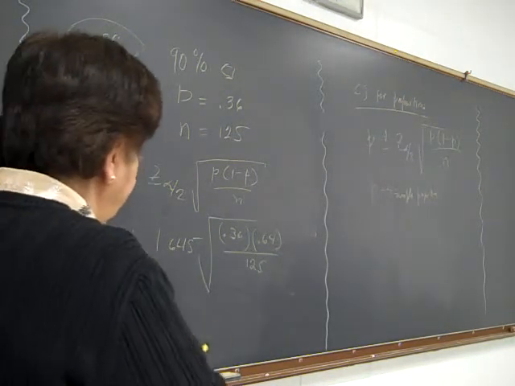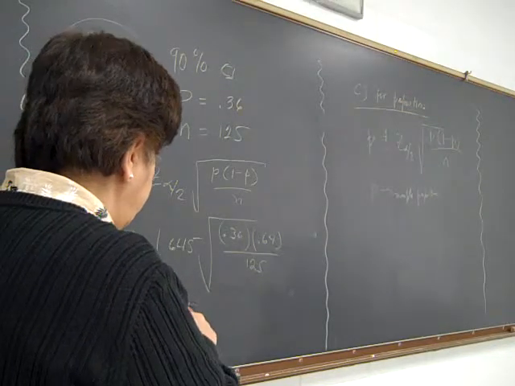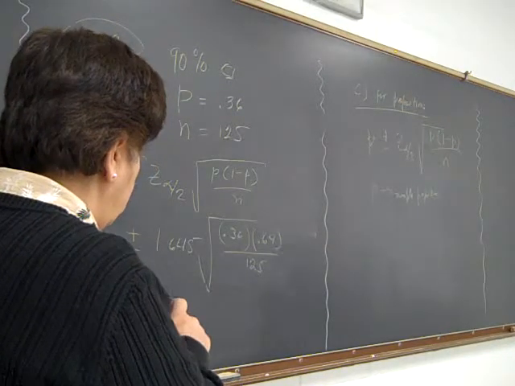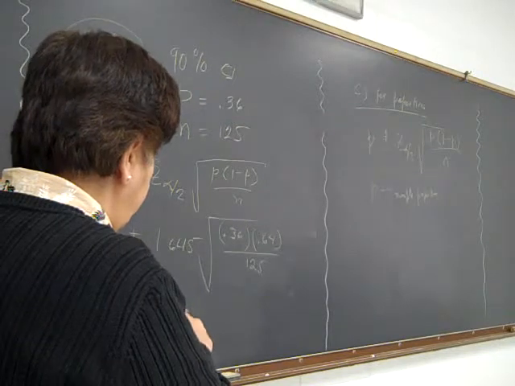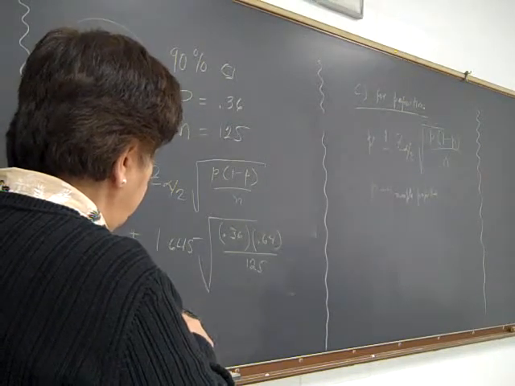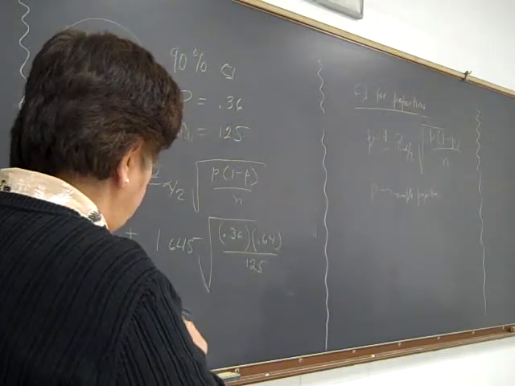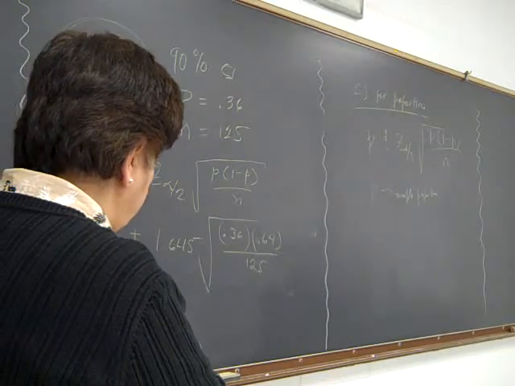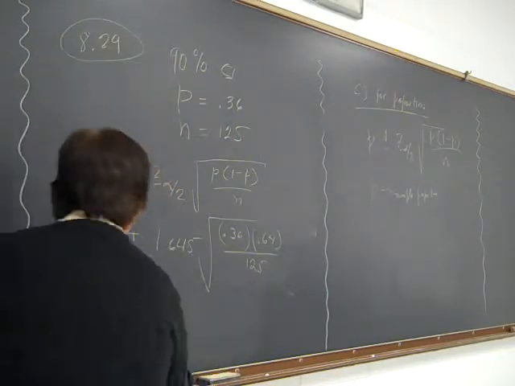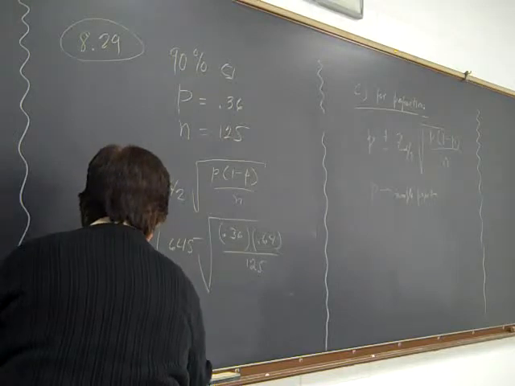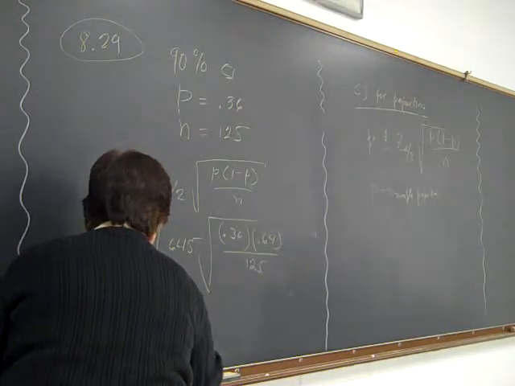That's it. 0.36 times 0.64 divided by 125, square root, times 1.645, is 0.36 plus or minus 0.07.